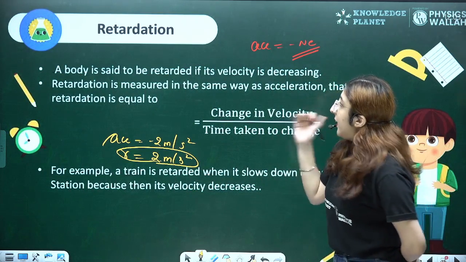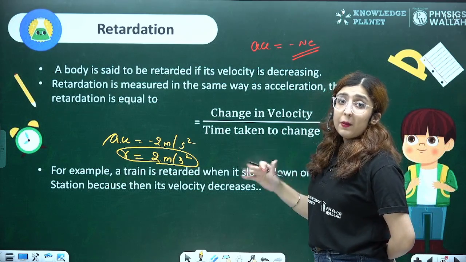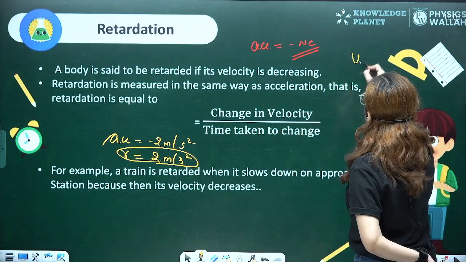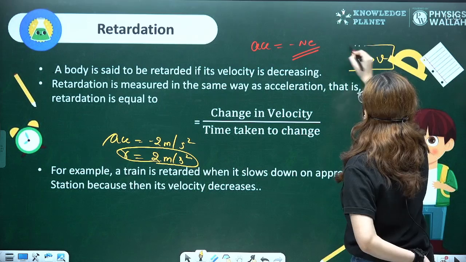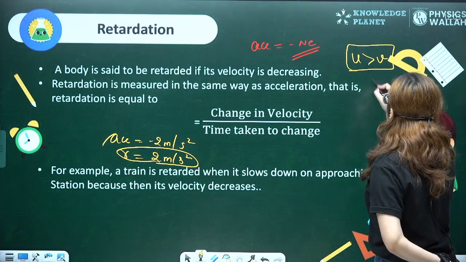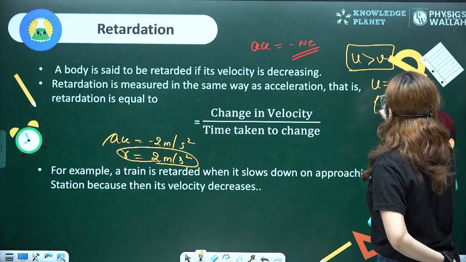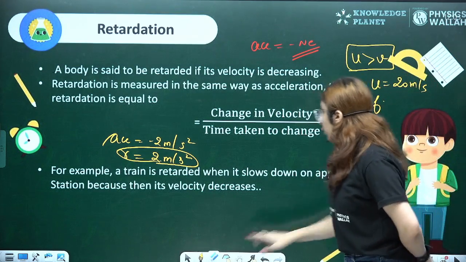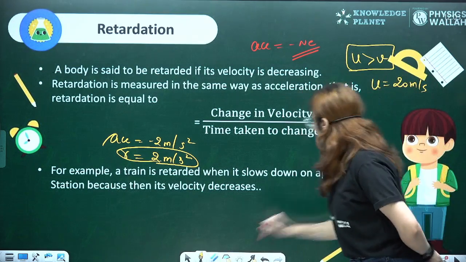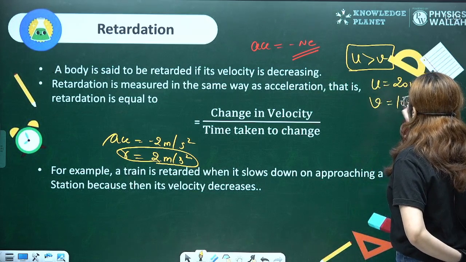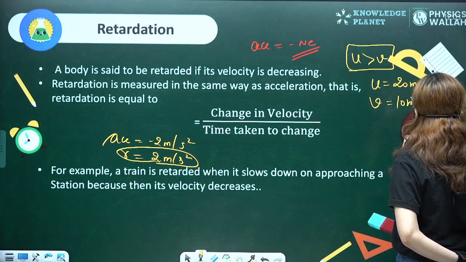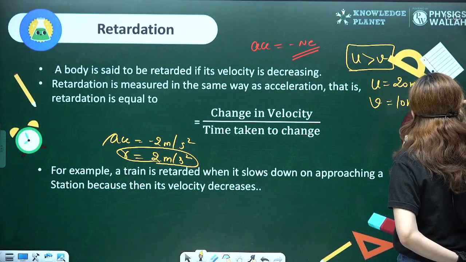How does retardation take place? Retardation takes place when the initial velocity is more than the final velocity. That means initial velocity is 20 meter per second. Final velocity comes out to be 10 meter per second. This is happening in a time span of 1 second.